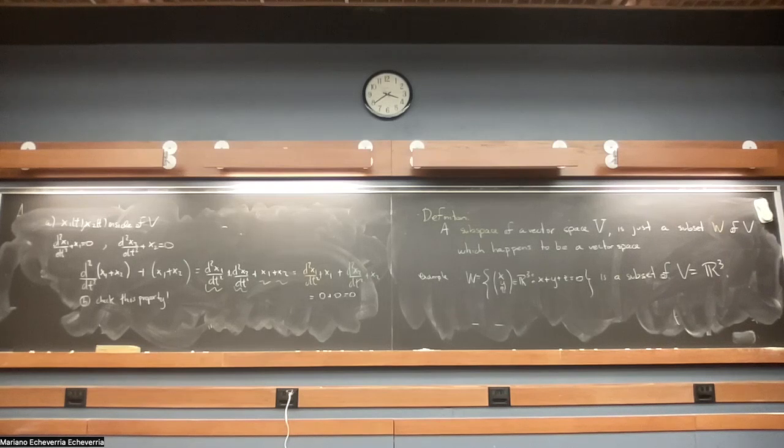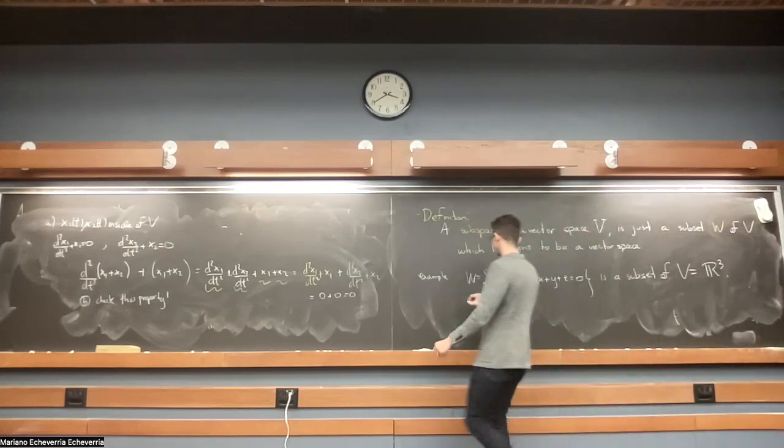So the extreme cases are allowed, where you can be a subset of yourself, or a subspace of yourself. Obviously, in practice, if I ask you to check that something is a subspace, I'll give you something more interesting than just the actual space. But yeah, those possibilities can arise.